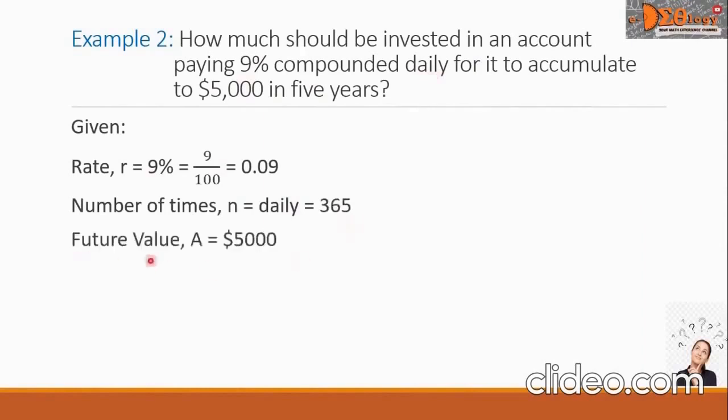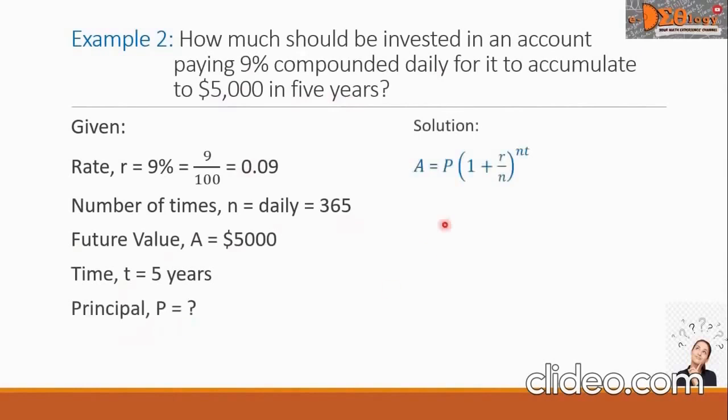Next is the future value, and that is the $5,000. And then the time denoted by T, that is 5 years. In this problem, we need to get the principal, or P. We will use the same formula, and then let us do now the substitution.